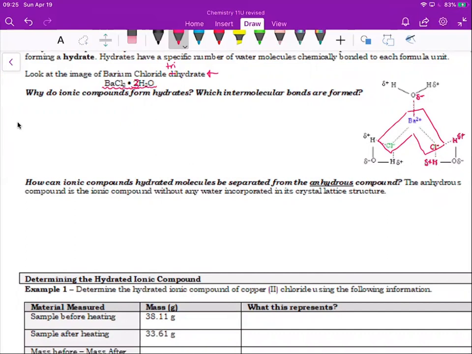So the barium cation has an ion dipole interaction with the oxygen in water, the negative dipole. And the chloride anion has an electrostatic attraction with the positive dipoles of water found in hydrogen. So which type of intermolecular bonds are formed? These are called ion dipole interactions.